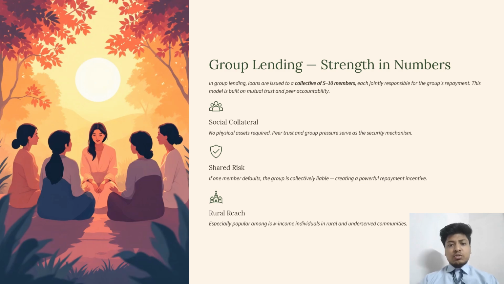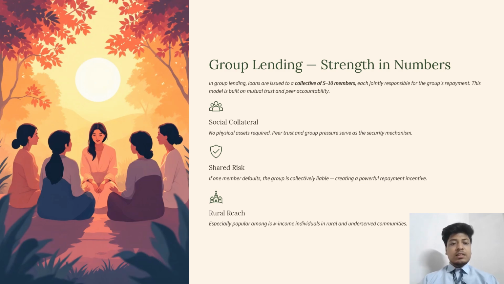You have to provide it to the bank, right? That's how you get loans in a bank. But in group lending, we replace that with social collateral. This means peer trust and group pressure act as a security mechanism. Basically, the borrower's reputation within their community is what guarantees the loan.